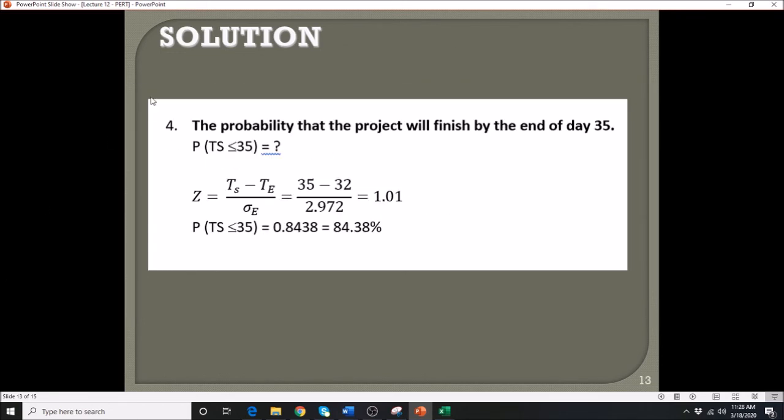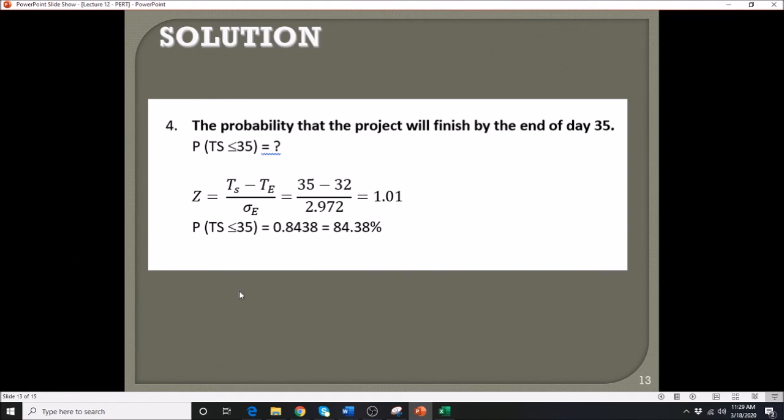Let's go to question number 4. The probability that the project will finish by the end of day 35. By the end of day 35. So we have here 35. Plug into your equation. 35 minus 32 divided by the standard deviation is equal to 1.01.